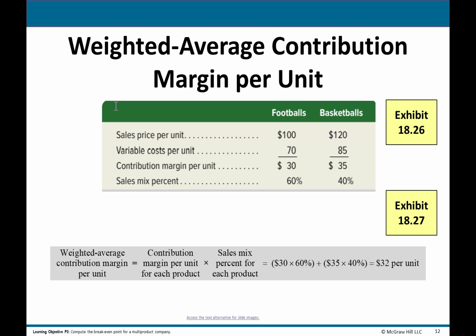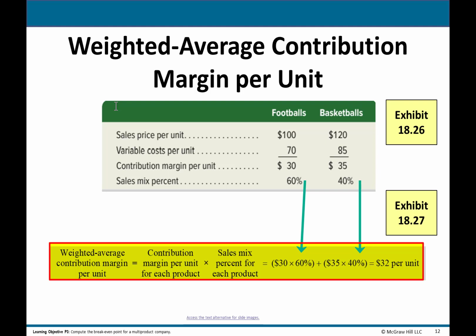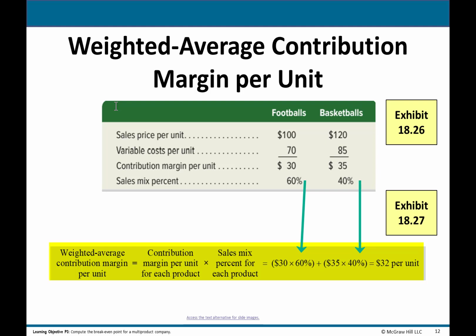So on the denominator, the $30 contribution margin is weighted by 60%, and the basketball contribution margin is weighted by 40%. You'll see the formula in the gray box on your screen, but once again, it's going to be much better to just go through one and work it out.